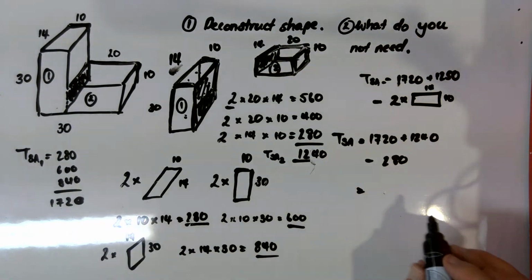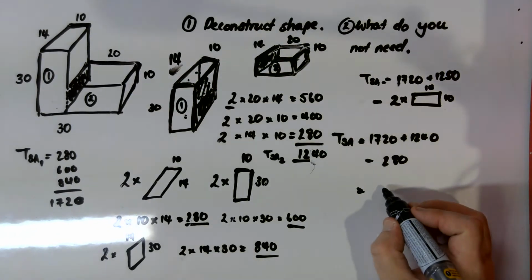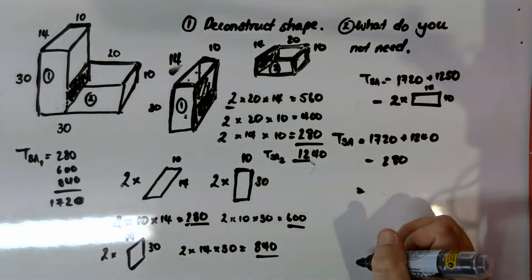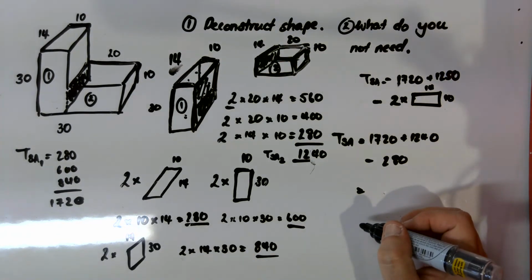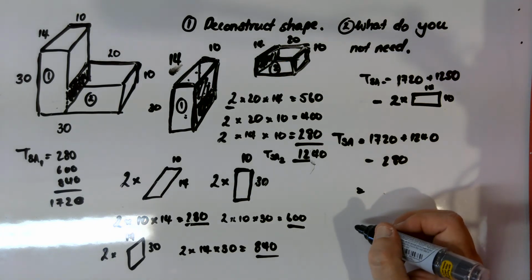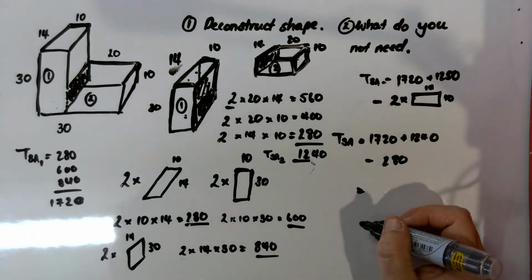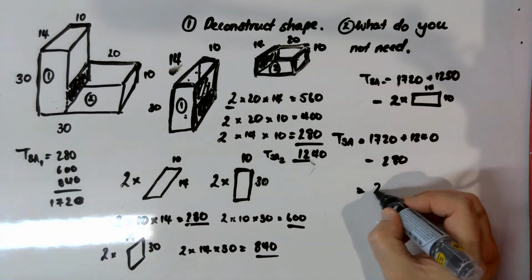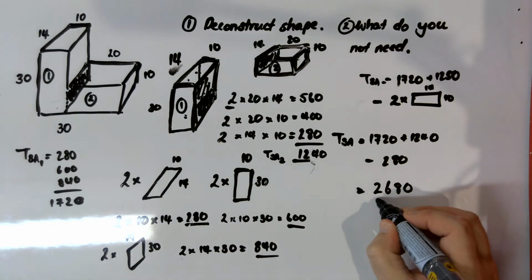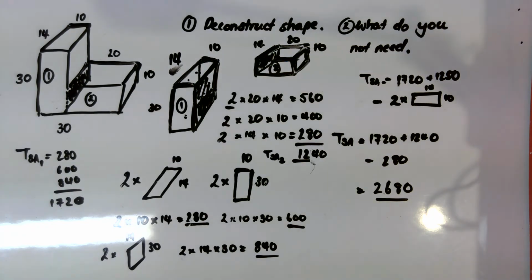So if we add all these together, we get what? What's 1720 plus 1240, take away 280? No, that's wrong. What'd you get? 2,680 is what I got using my mental brains.